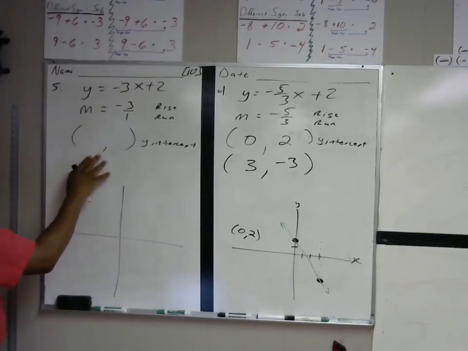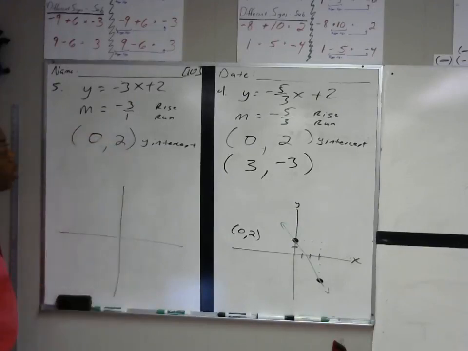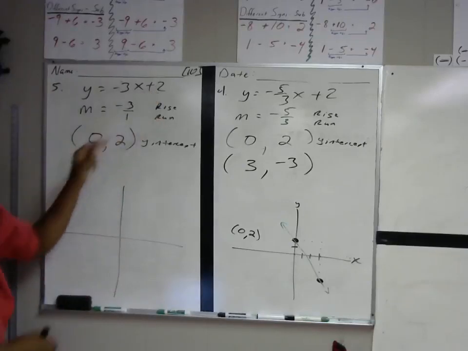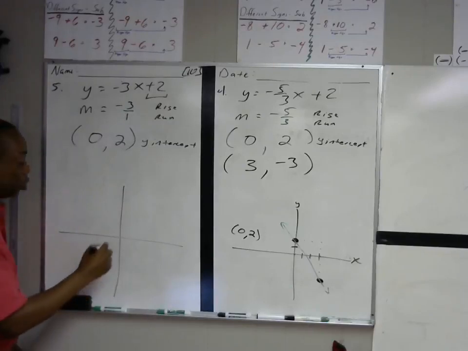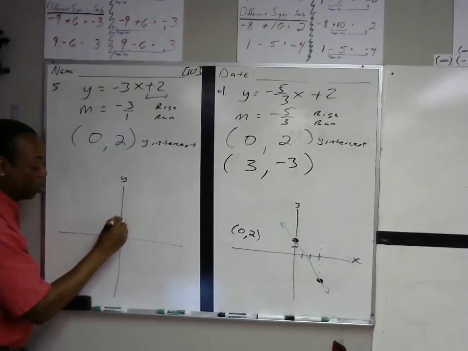But where? What goes here and then what goes there? The 0, right? The 2. Perfect. There you go. Class, y-intercept 0, 2. And the 2 comes from this number right here. That's your y-intercept. So start in the middle and go up 2 times.